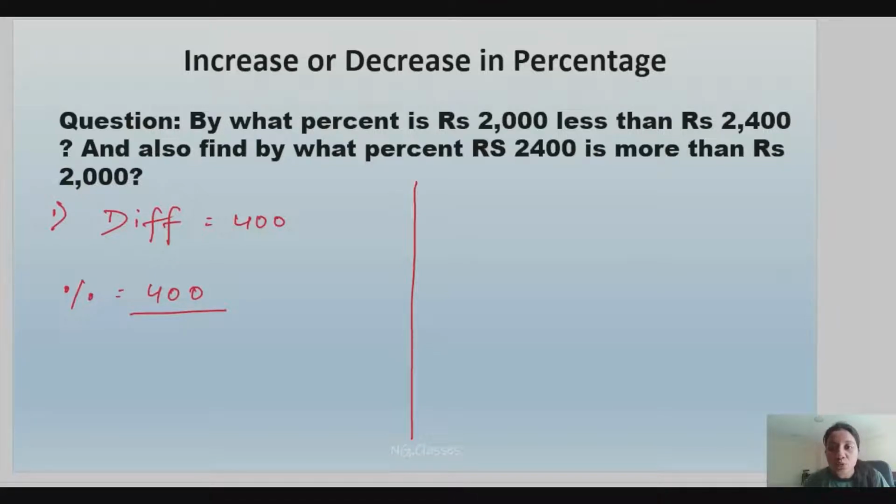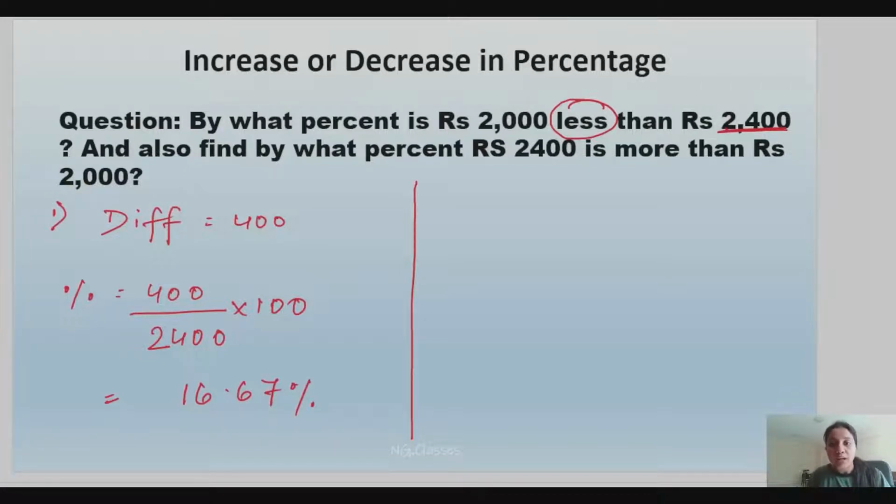So in between 2000 and 2400, which one is the bigger value? This 2400 is larger than 2000, right? So we will write 2400. So see, whenever we have to find less percent, we will take the bigger value. Now multiplying by 100 we'll get the percentage, and here we will get 16.67 percent.